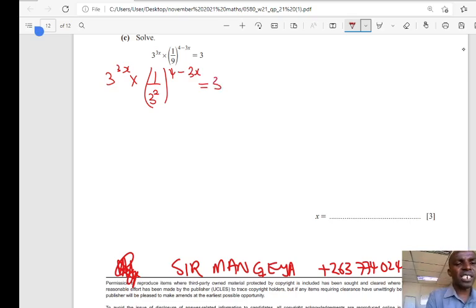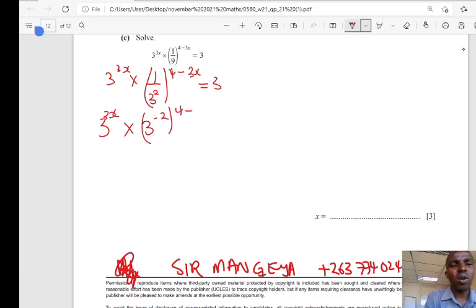Then apply laws of indices. Law number 4, any number raised to a negative power is the same as 1 over the same number when raised to a positive power. So it will be 3 to the power negative 2. Then let me put inside the brackets first.